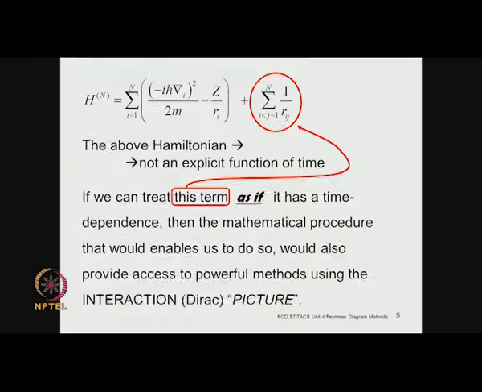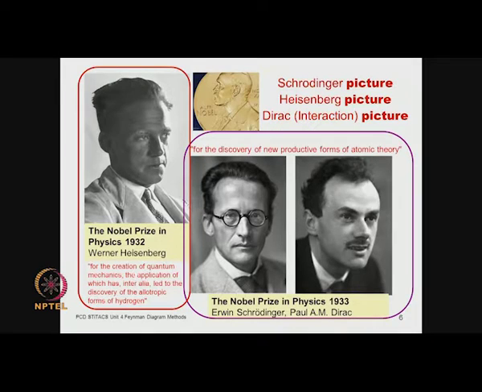So, I would like to introduce these three pictures, the Schrodinger picture, the Heisenberg picture and the Dirac picture. All of these essentially contributed to the development of quantum theory. All of them got Nobel Prizes, Heisenberg in 1932 and Schrodinger and Dirac shared it in 1933.